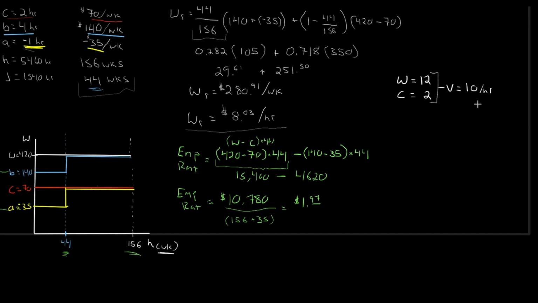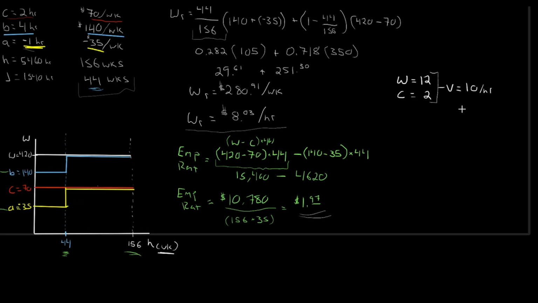This is saying that we are getting an employment rent of $1.97, so this $10 per hour is $1.97 better to me than the alternative of being unemployed and going through this whole thing.